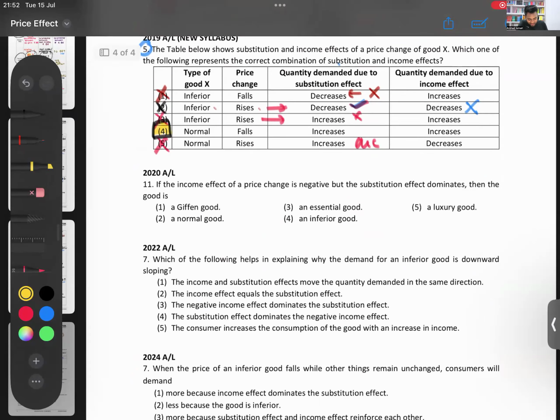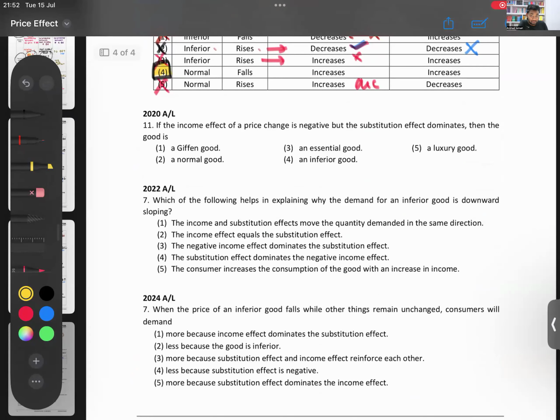Then let's go into 2020. This one is not hard. I want you to think and give me an answer. 2020 question number 11. If the income effect is negative, but the substitution effect dominates, then the good is what?